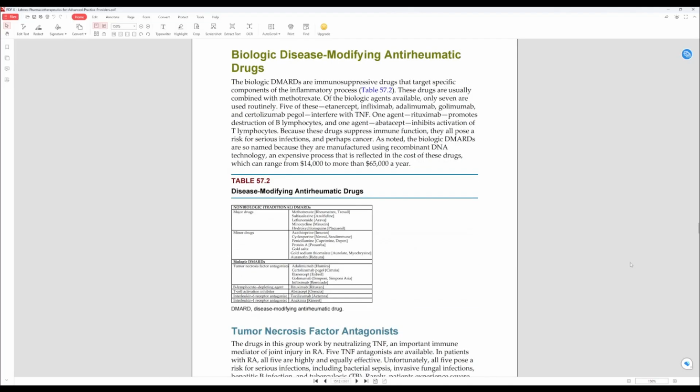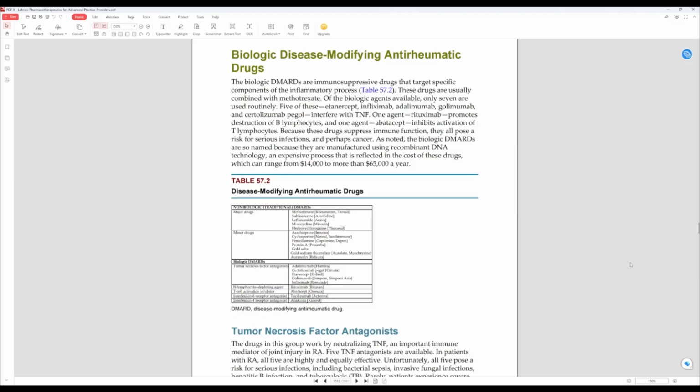Which brings us now to the biologic disease modifying anti-rheumatic drugs. The biologic DMARDs are immunosuppressive drugs that target specific components of the inflammatory process. These drugs are usually combined with methotrexate. Of the biologic agents available, only 7 are used routinely. 5 of these, etanercept, infliximab, adalimumab, golimumab, and certolizumab pegol, interfere with TNF, or tumor necrosis factor.